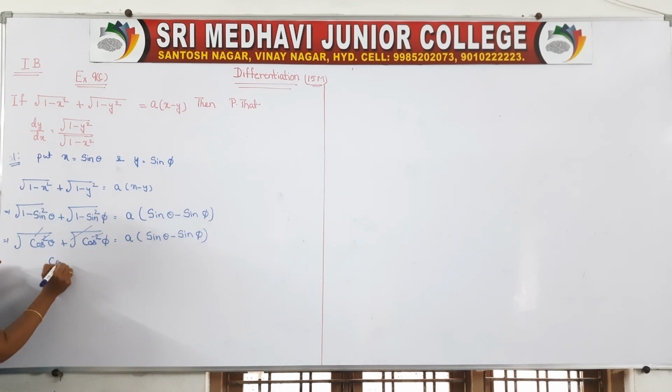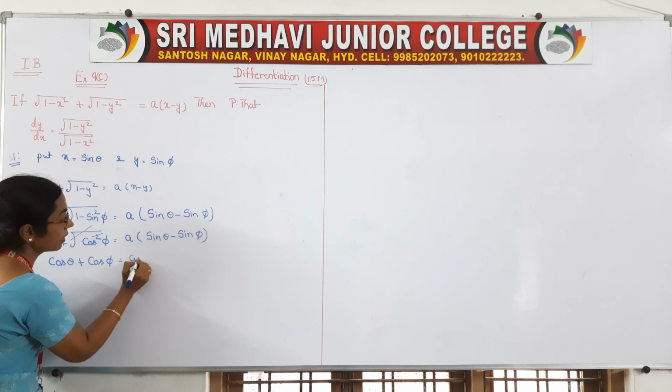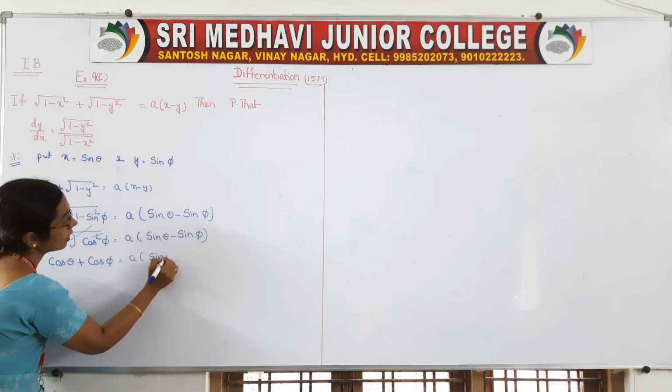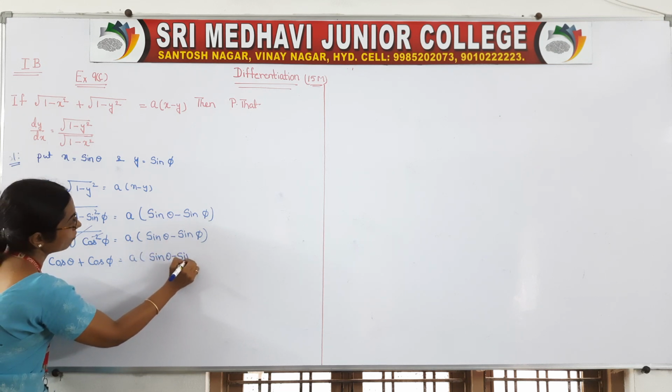Now your problem is in the form of cos theta plus cos phi is equal to a into sine theta minus sine phi.